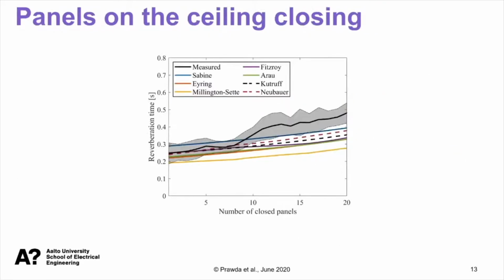So the same comparison we did for the scenario in which panels only on the ceiling were closing, and as you can see, the plots look a bit similar, and also on the x-axis, as the number of closed panels increases, the absorption decreases.